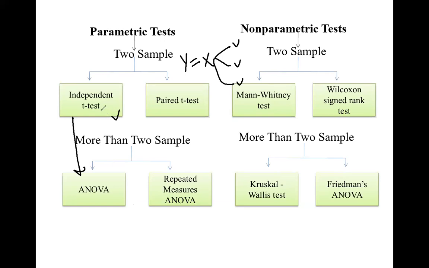But if we want to compare more than two groups, for example salary discrimination on the basis of education background, like some participants from science, commerce and arts, we want to know whether there is any discrimination on the basis of your education background.